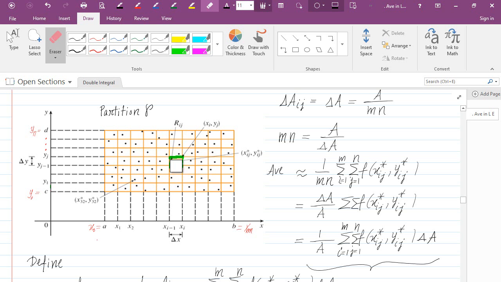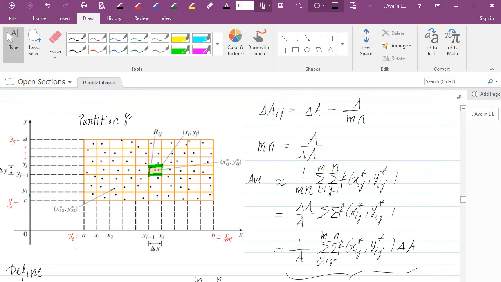We are going to assume that these sub-rectangles have the same area. So let's say delta A is the area of each of these sub-rectangles. So the area of the ijth sub-rectangle is equal to delta A for any i and j.